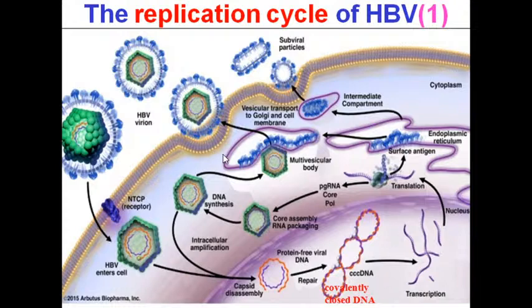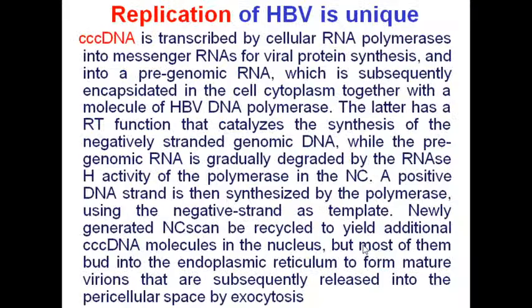That is the propagating cycle. More and more DNA molecules will be produced. And on the other hand, this viral nucleocapsid can be taken and the maturation will go on. Do you understand this?